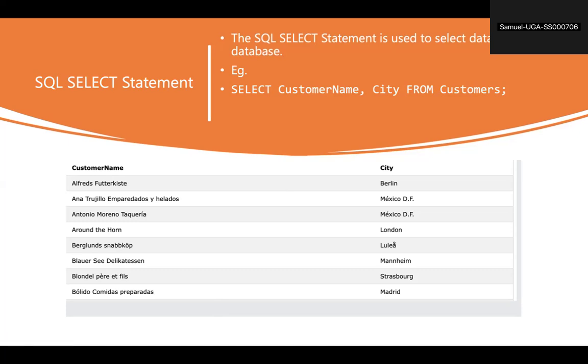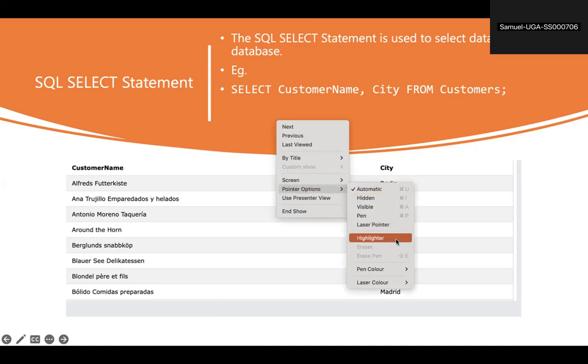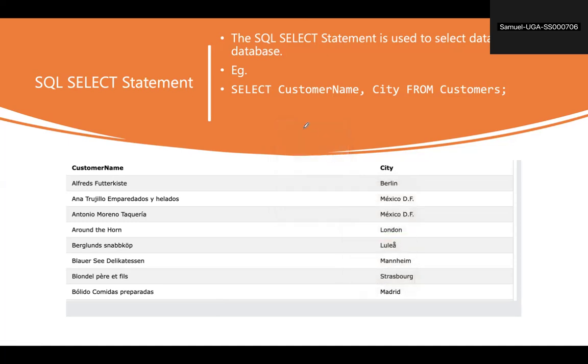I was telling you that the select statement helps us to fetch the data from a table. As you can see here, let me just add this so that you are able to follow properly.